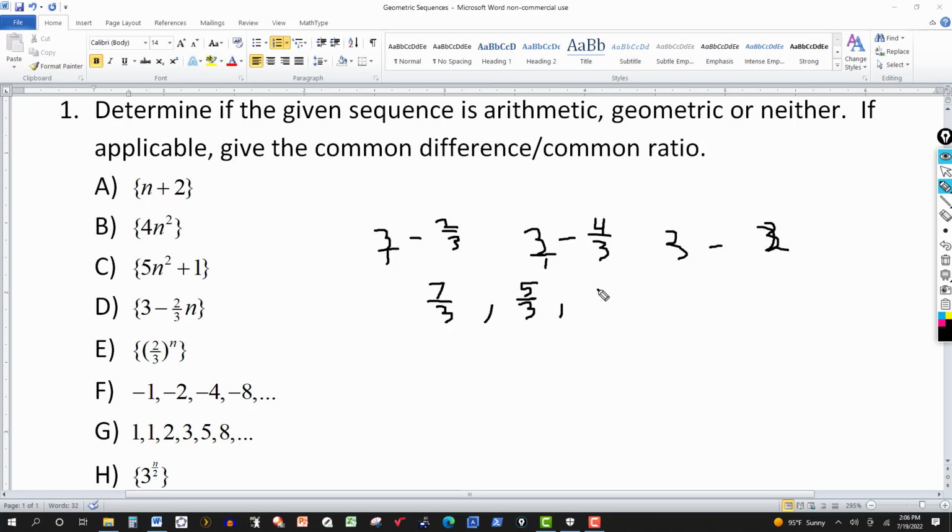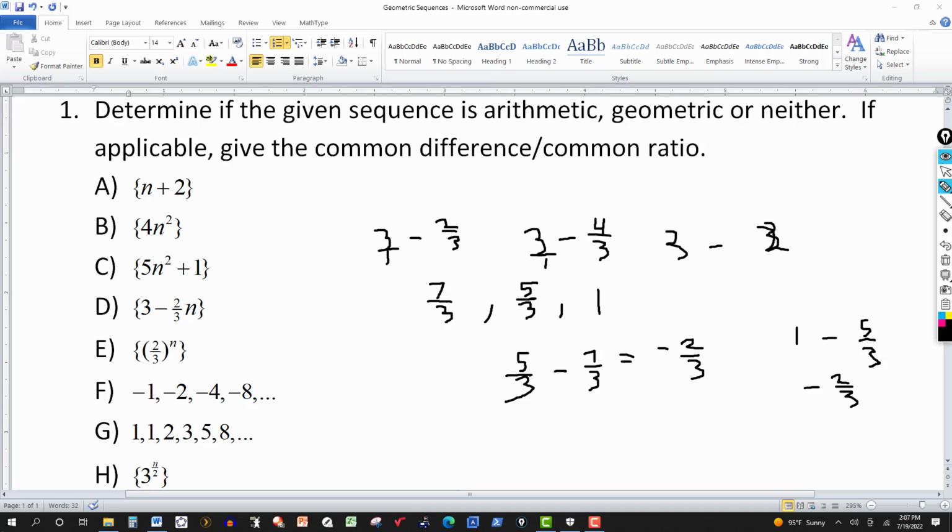So I should get the same thing if I subtract the terms here. So let's do this. 5/3 minus 7/3 is a negative 2/3. 1 minus 5/3. 1 can be written as 3/3, so 3/3 minus 5/3 is a negative 2/3.